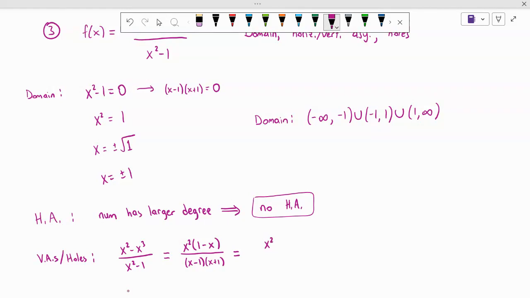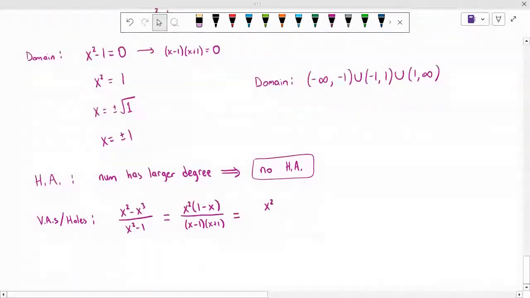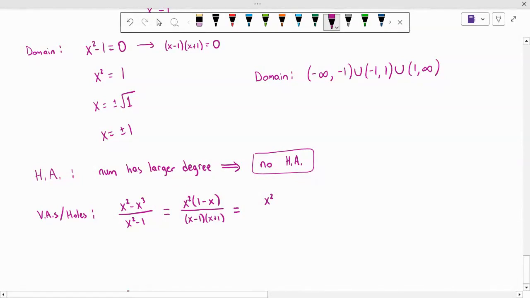For example, if you pull a minus sign out of x minus 1, you will get minus 1 minus x.